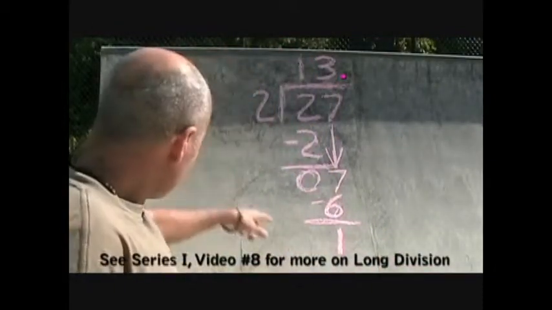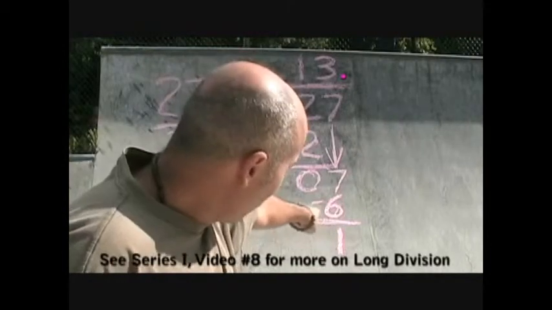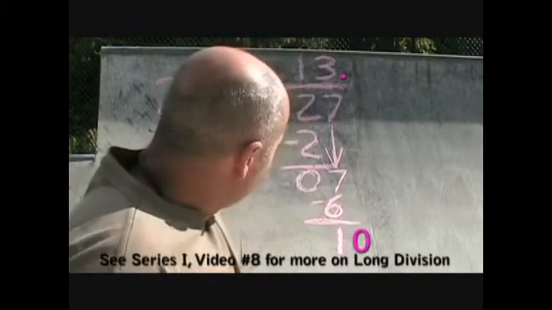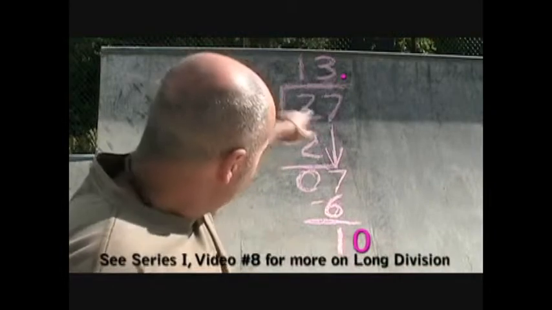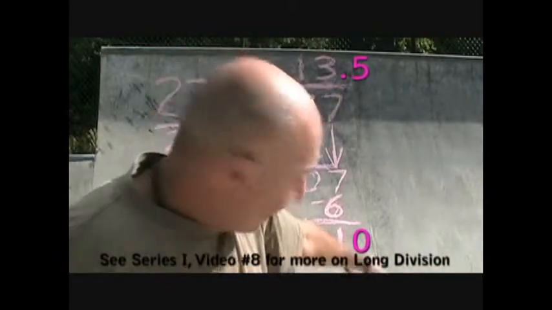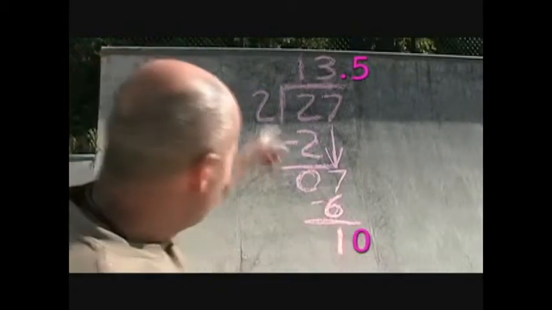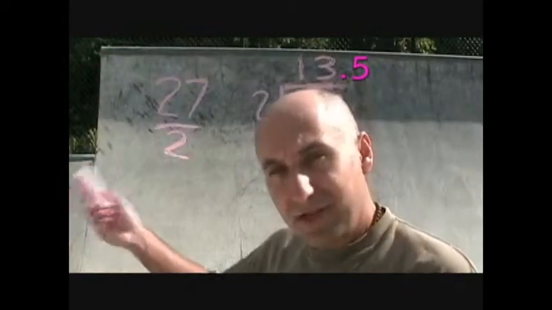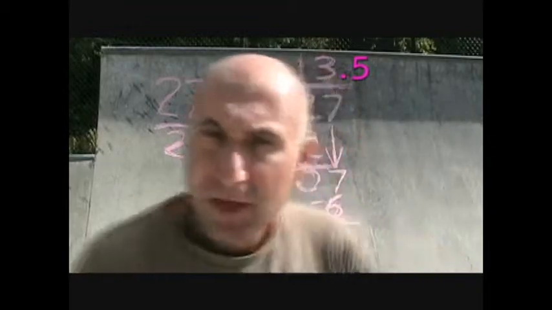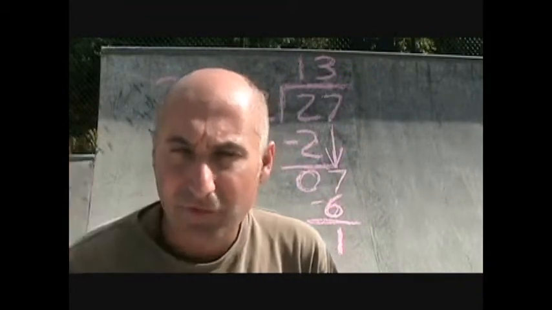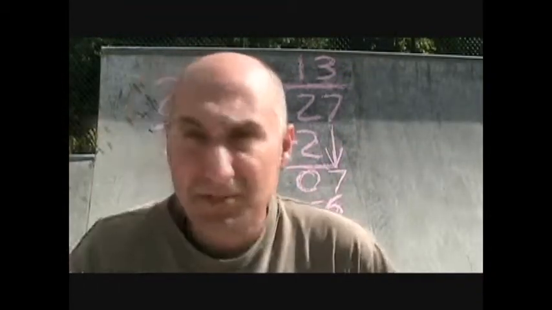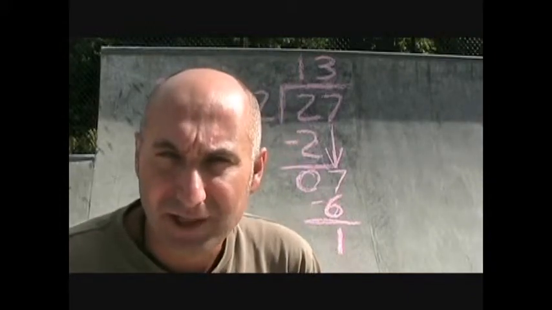So you can turn the 1 into a 10, and 2 would go into 10 5 times. So after the decimal, you put a 5, and when you did the subtracting out, you would get 0. So the answer would be 13 and a half, which is what 27 divided by 2 is. But we're not going to do that because we want to stay with fractions, especially with polynomials.